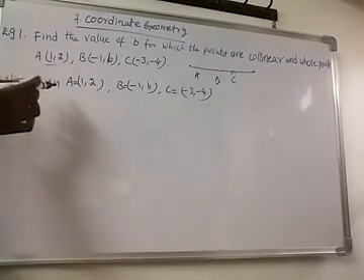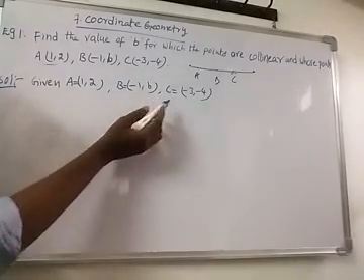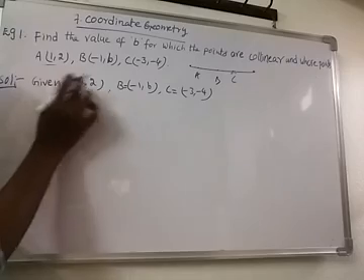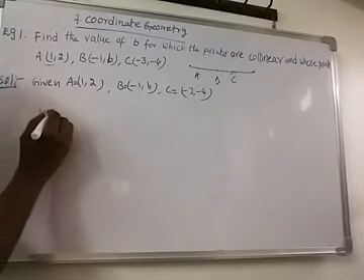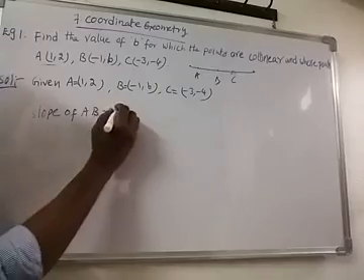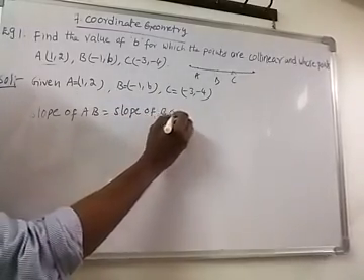Now the given points are A(1, 2), B(-1, b), C(-3, -4). So the slope of AB is equal to the slope of BC.